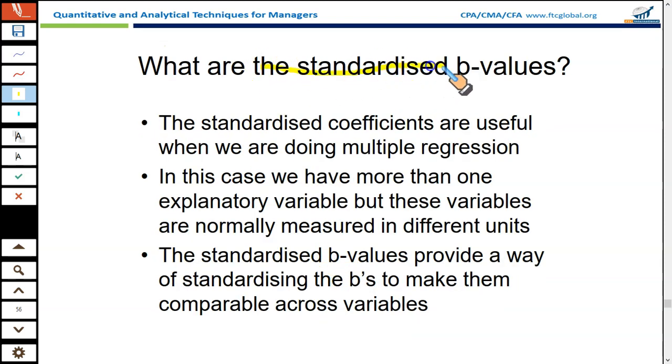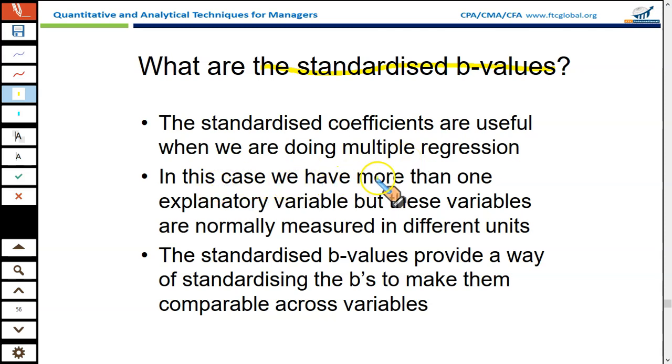What are standardized B values? So far we have just discussed one explanatory variable. When there are multiple, that's where we use standardized B values. Standardized coefficients are useful when we are doing multiple regression, like that example, where your miles per gallon depends upon weight and horsepower of the car.